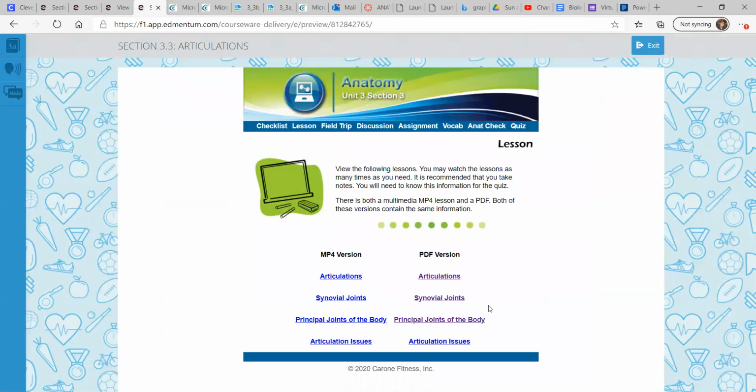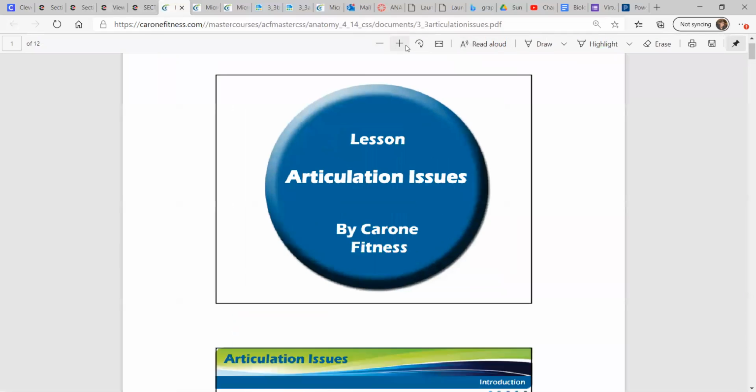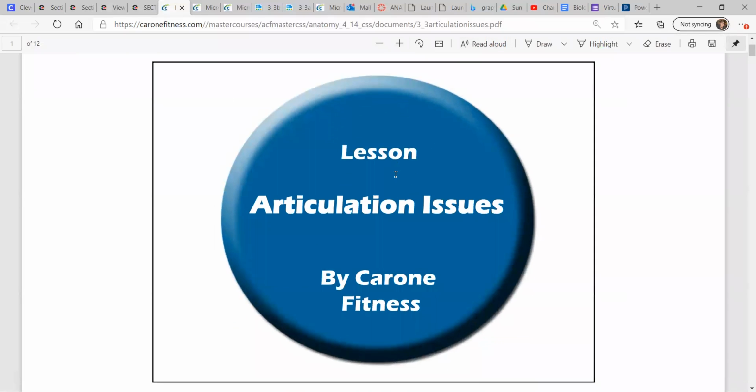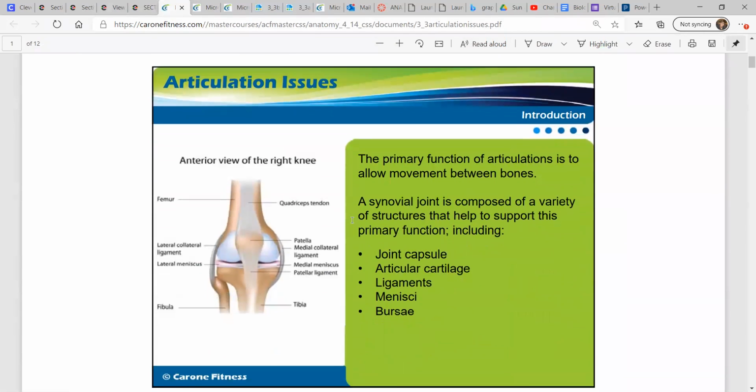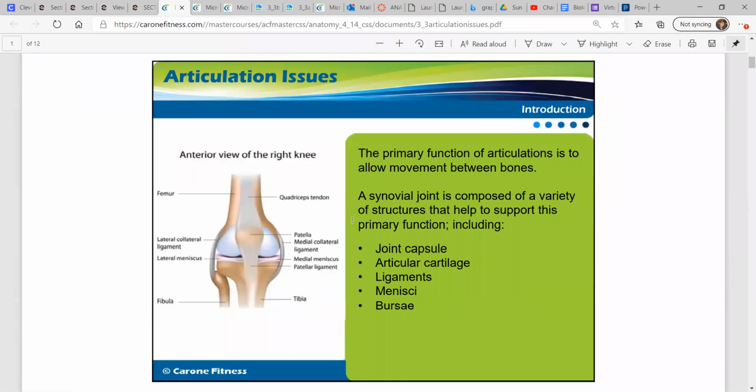Let me go back. And then we're going to look at articulation issues. So what can go wrong with these joints? Well, if the primary function of articulations is to allow movement between bones, a synovial joint is composed of a variety of structures that help to support this function.